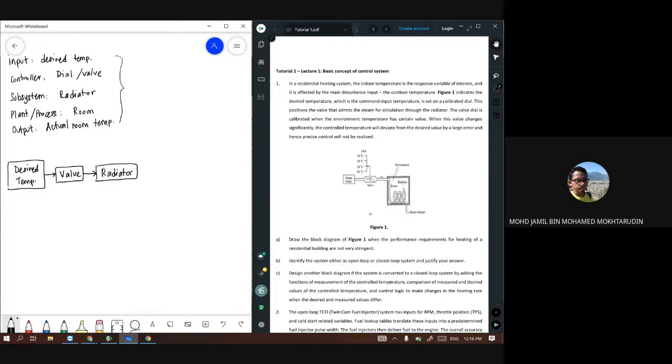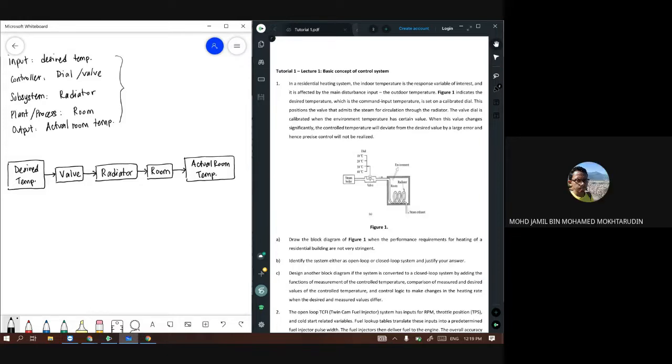And then the radiator will heat the room. And then from the room, we get the actual room temperature. Okay, so this is the block diagram for question A.